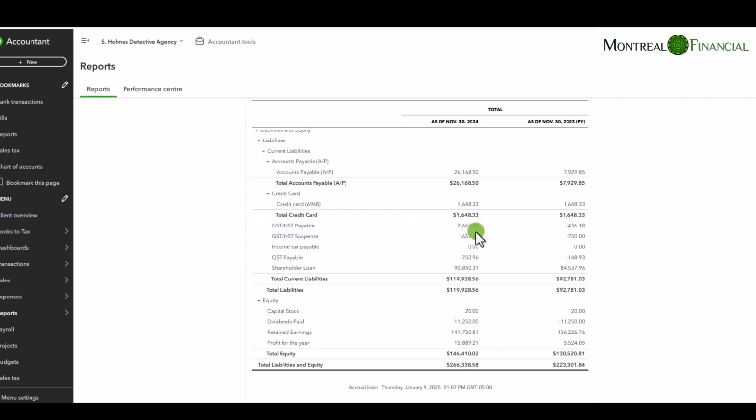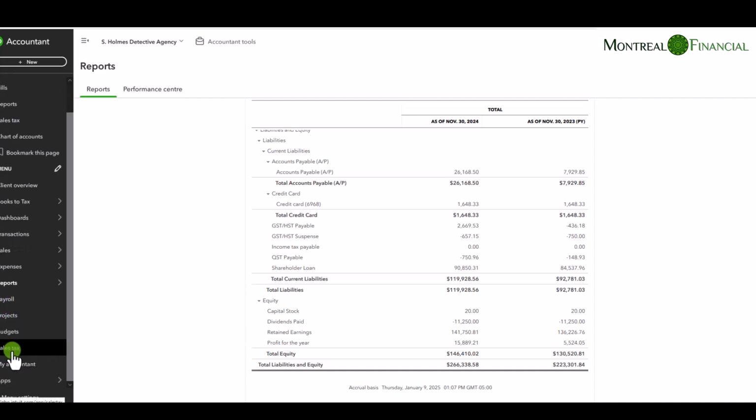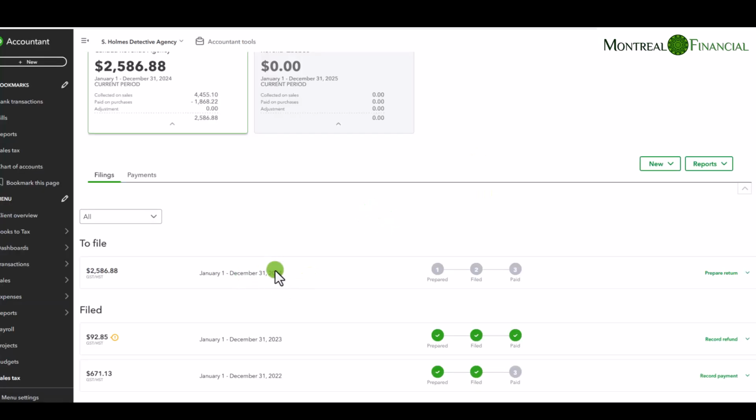And this balance should agree to, if you go to the left-hand side, you will see sales tax. You want to open this in a new tab. And then you want to make sure that, so my period here is January to December 31st. And sometimes there is a difference between your year end and the GST HST filing period.